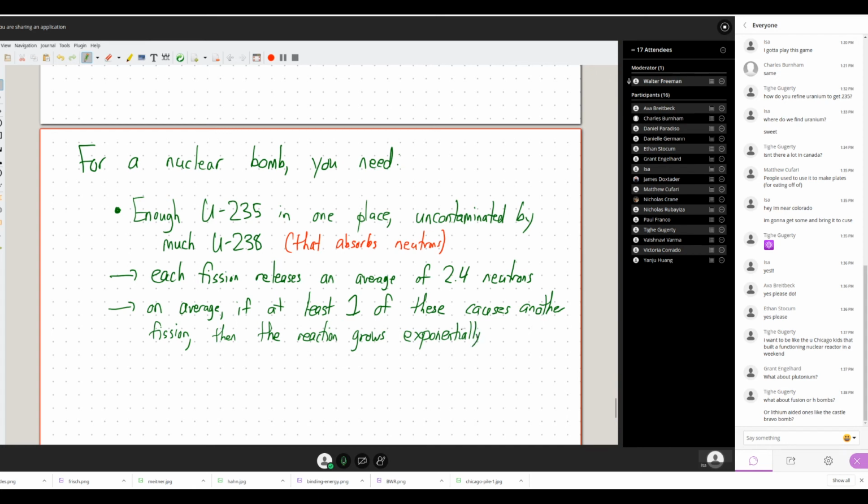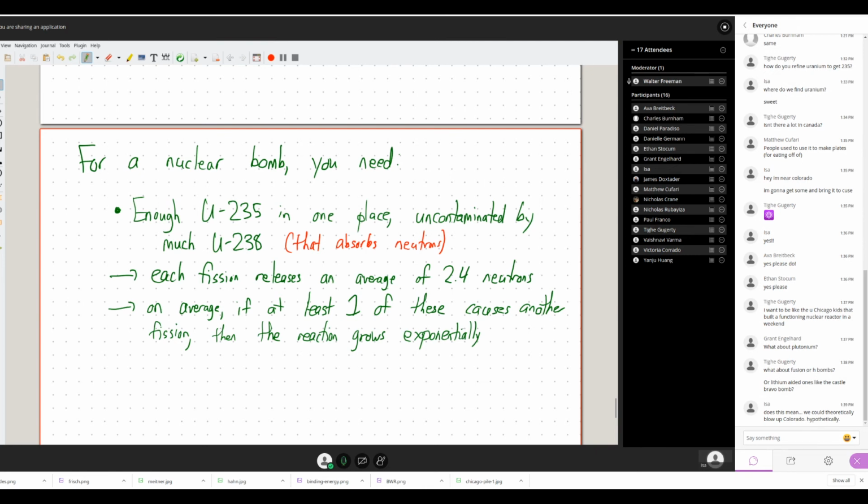And in a bomb, this thing grows exponentially until it blows itself apart. So the thing about plutonium, the trick, is plutonium-239, which has very similar properties. That's why plutonium is exciting.